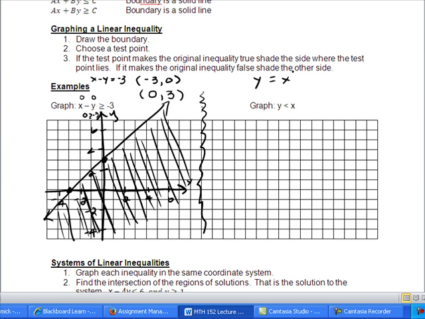Okay, so we could use (0, 0), (1, 1), (2, 2), (-1, -1).